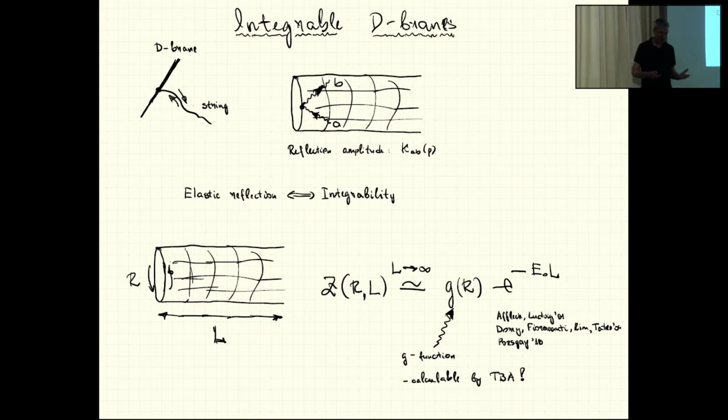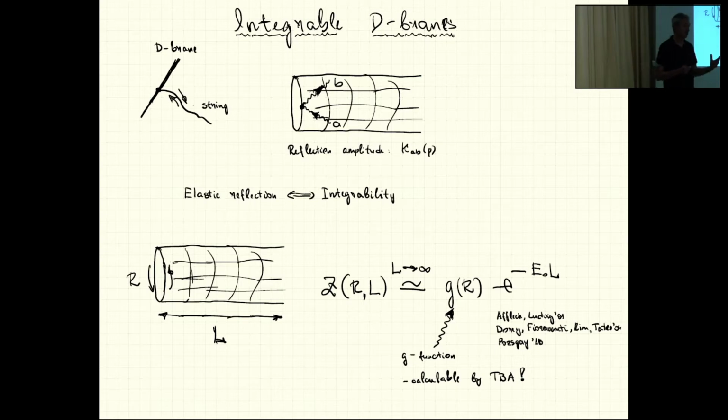These boundary conditions, in general, will break integrability of the ambient string. But in some instances, they do not, and these are precisely the cases we are interested in. If they break integrability, then we can basically do nothing, because a magnon propagating along the string will not only reflect from the boundary, but will also create particles, and this will produce a mess, and we will not be able to solve the model.